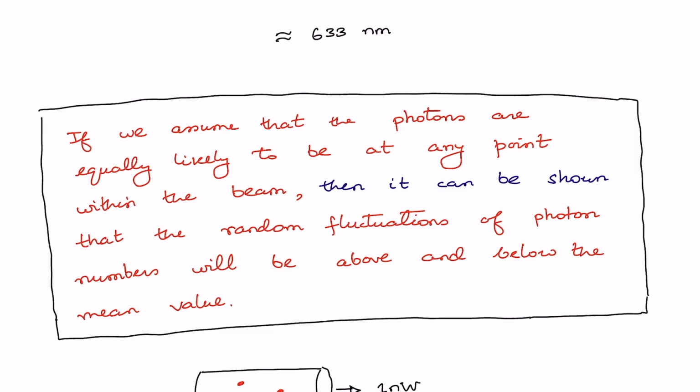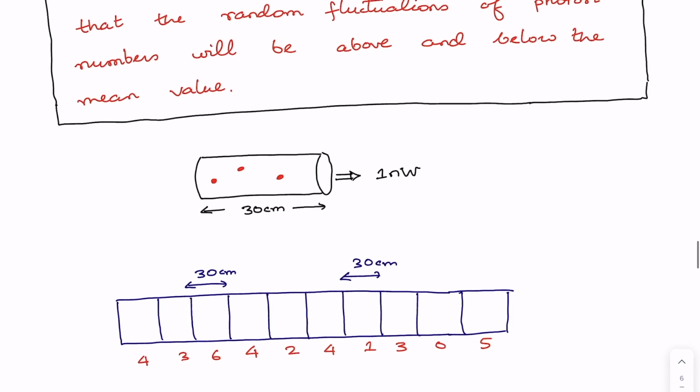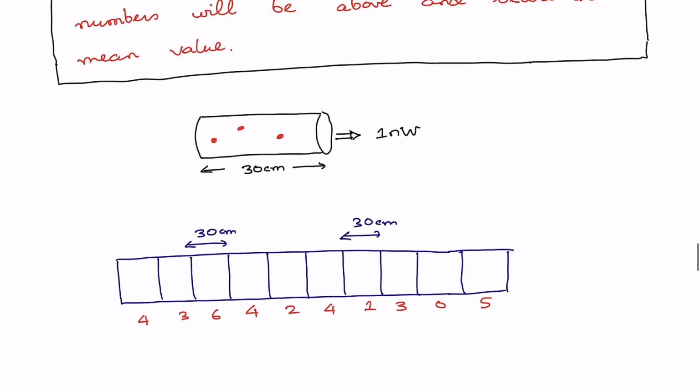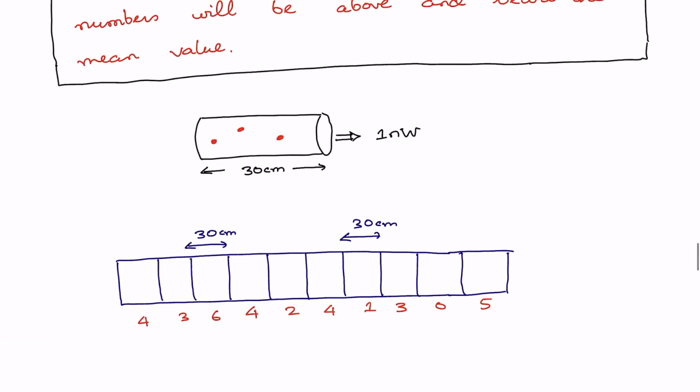Let me explain it further. Say for example we were to look at 10 such segments of the beam, each segment having length 30 centimeter. Then we may actually find a sequence of photon counts that looks something like this, where this particular segment has 4 photons, here it is 3, 6, 4, 2.